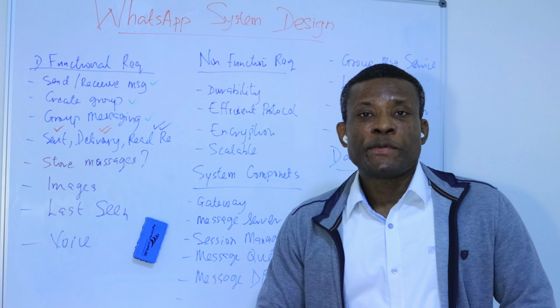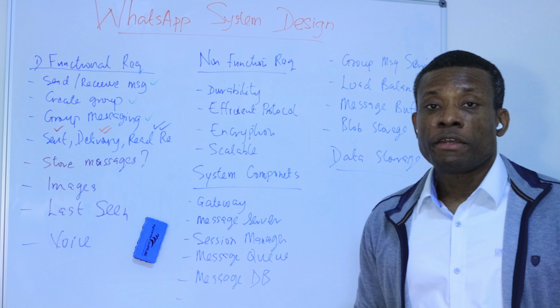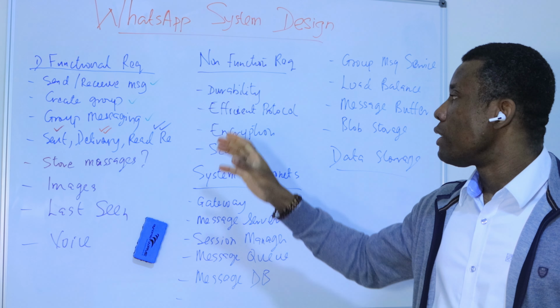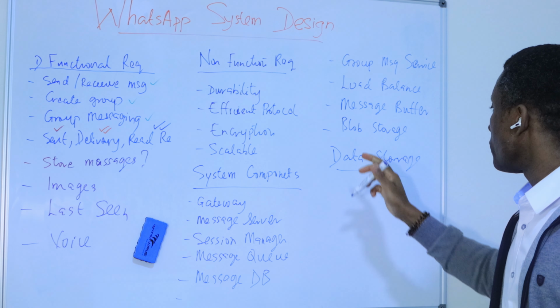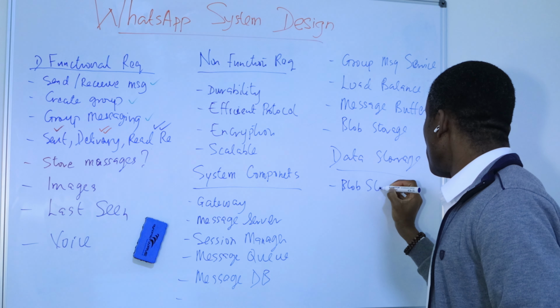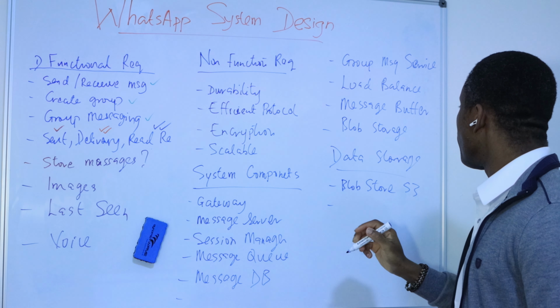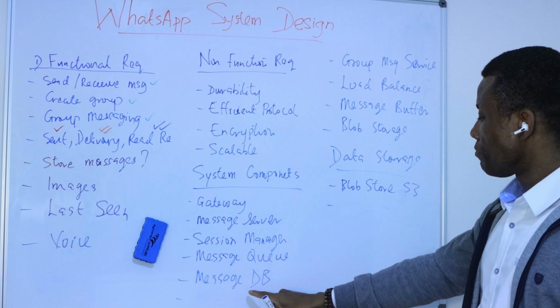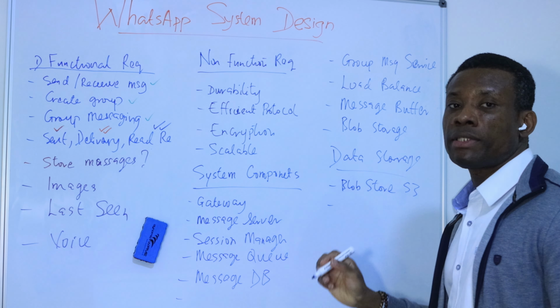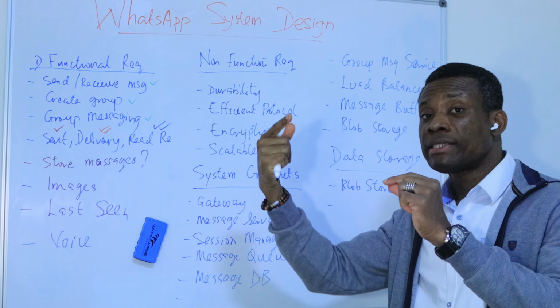Then the next thing we are going to be talking about is the image processing flow. I'll give you a few seconds to take a look at this. Maybe I'm going to just write this out. We have blob store, which can be S3, and we also have message DB. You can use, let's say, a key value store because you're only storing the ID of the receiver and the message.